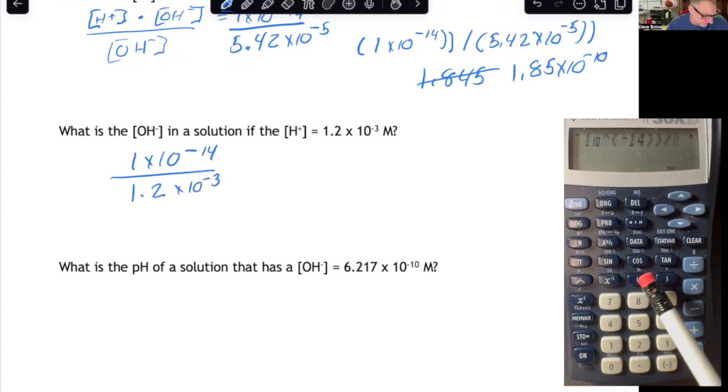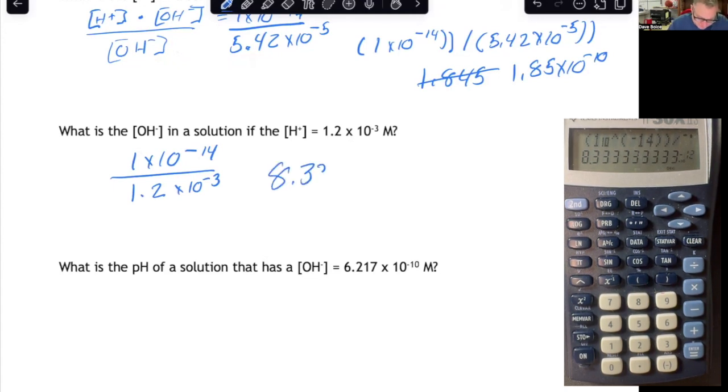Okay, and so in my calculator, I'm going to do 1 times 10, second log, negative 14 divided by 1.2, second log. This brings up my 10 to the negative 3. Double close my parentheses again and hit enter. And I get 8.3333 times 10 to the negative 12. So 8.33 times 10 to the negative 12.